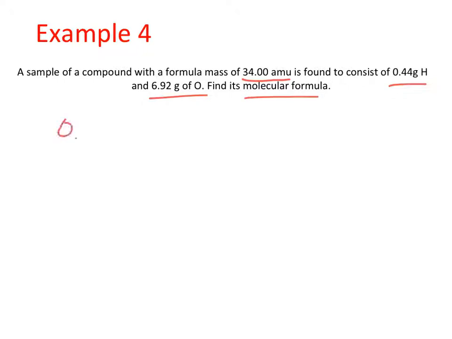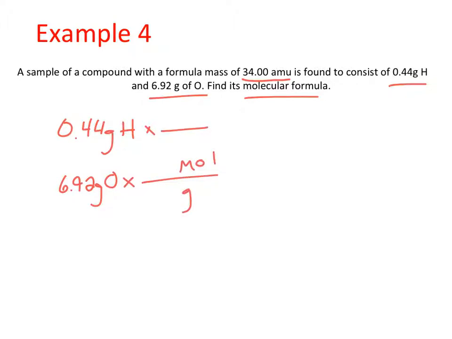I'm going to start with those amounts and convert both to moles. I'll drop grams, go to moles, 1 and 16 for the oxygen, and 1 and 1.01 for the hydrogen.